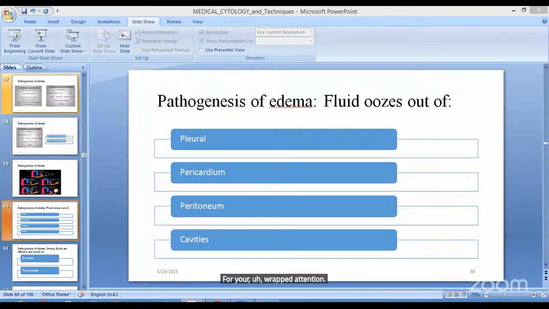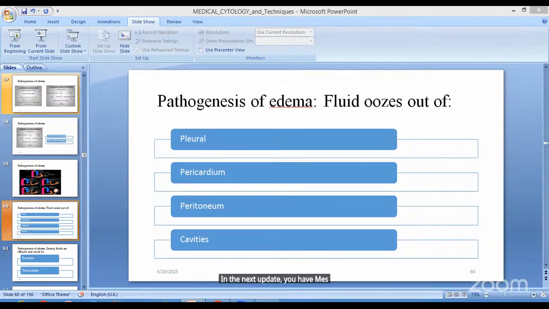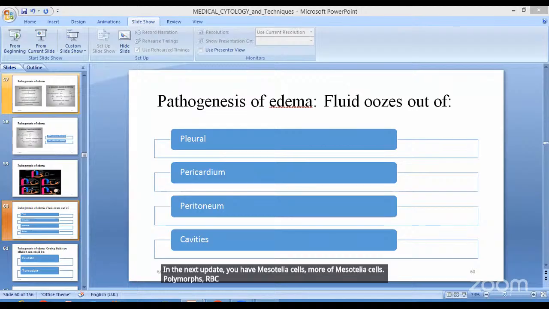Transudate is clear, but exudate is variable. There is a fibrin clot in exudate, but it is absent in transudate. Cells you find in transudates are mesothelial cells, a few of them, but you have more of histiocytes and lymphocytes. In exudate, you have more mesothelial cells, polymorphs, RBCs, red blood cells, eosinophils, and of course, you can have malignant cells.